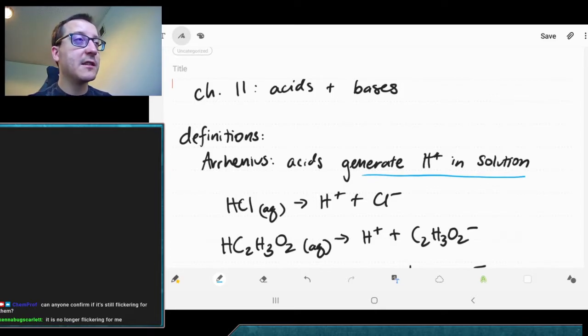This definition is still something that we teach, even though it is a little bit restrictive in that it forces us to have in solution as part of the definition. That's why we have to put aqueous on these acids when we're describing them as Arrhenius acids. That's the most specific one.